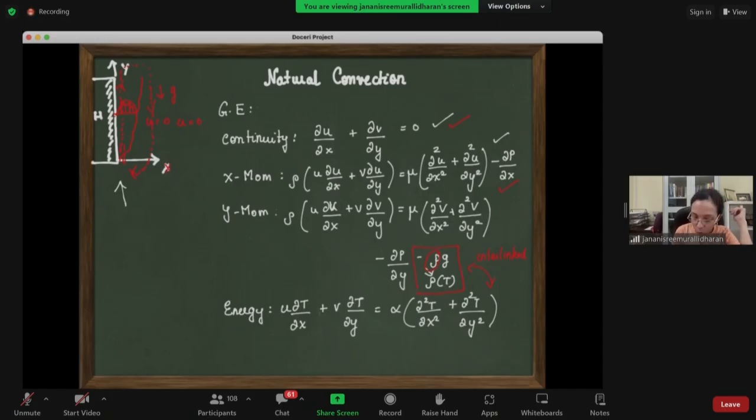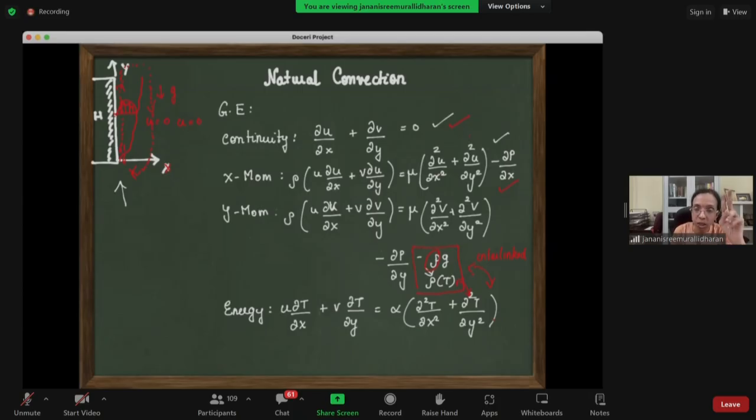So this rho alone, I'm going to keep as a function of T, except the momentum and energy is interlinked with this particular term, which is density variation with time. So for every time step, you'll have to know the temperature, and hence the density. Okay, so it's an interlinked equation. Okay, that's point number one.